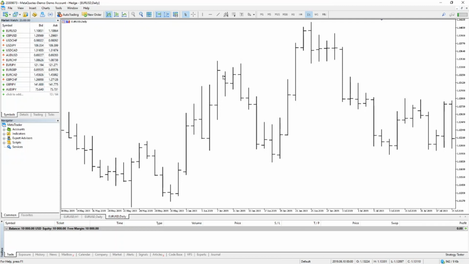So 5 p.m., but the market didn't close and it has some fluctuations of price. The market closes on a Friday evening, and then it opens again on Sunday evening.